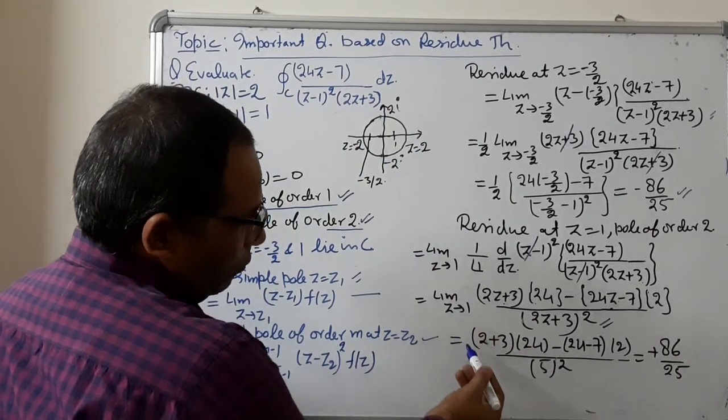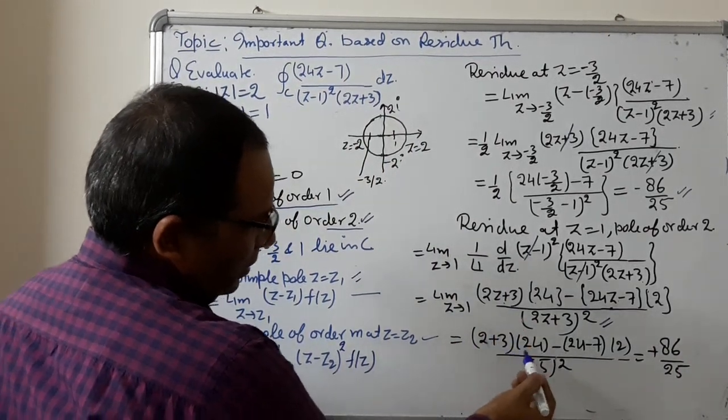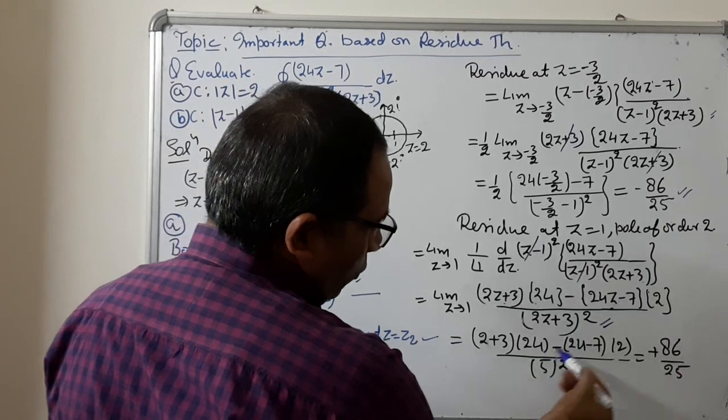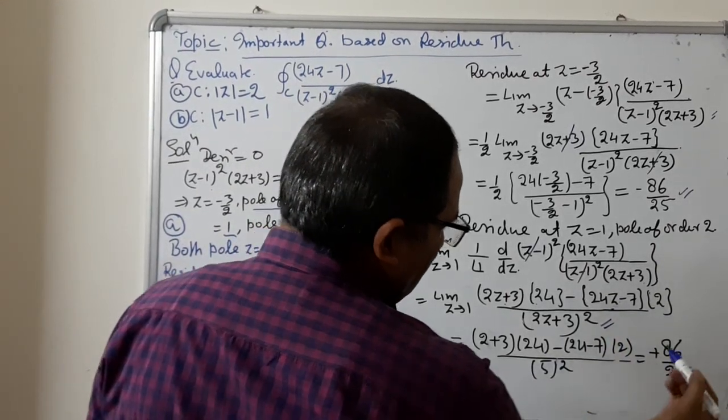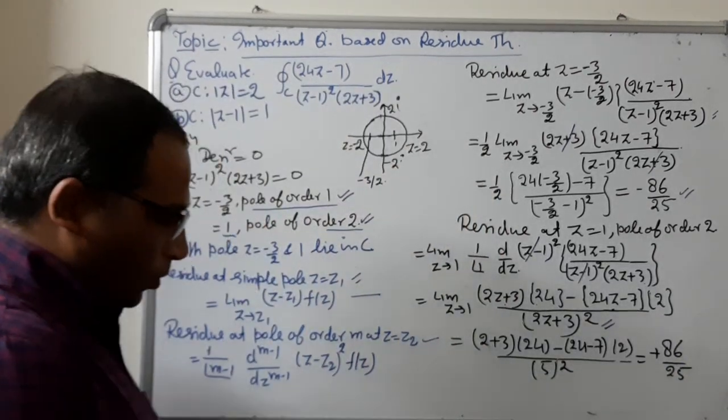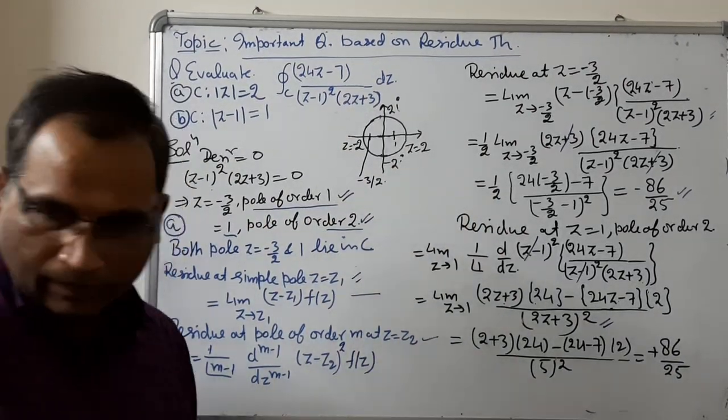When we put z equal to 1, we get 2 plus 3, and from here we get 24, minus 7 into 2, upon 5 square. That means we get 86 upon 25.